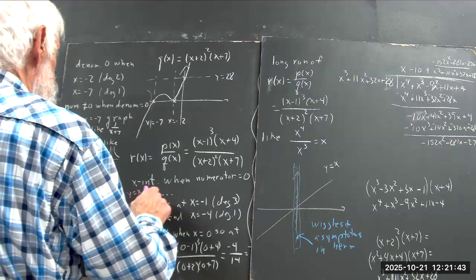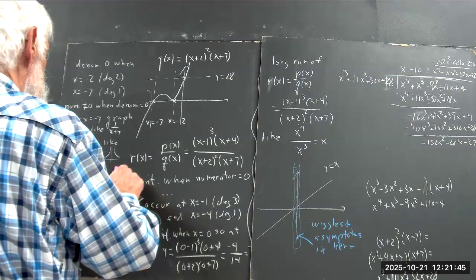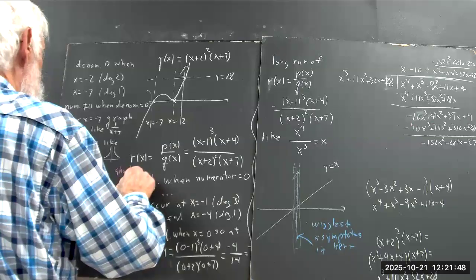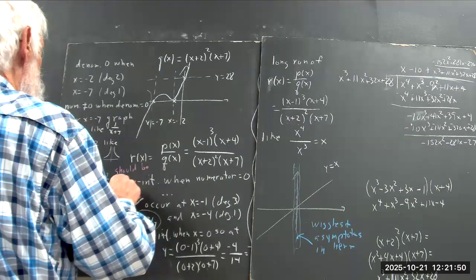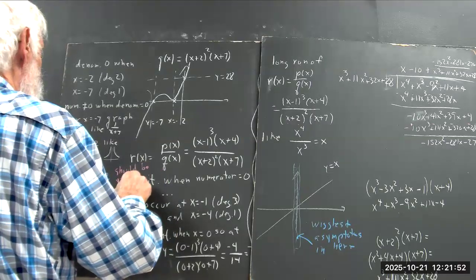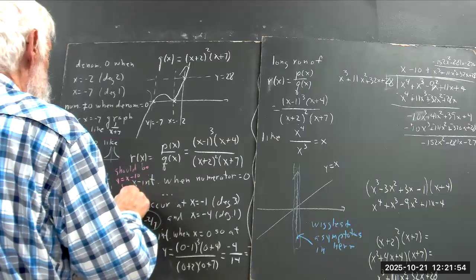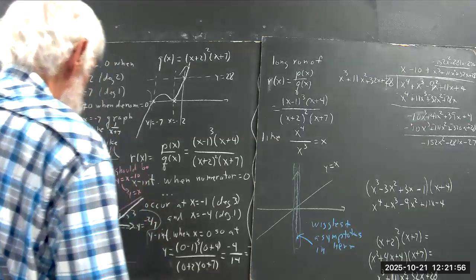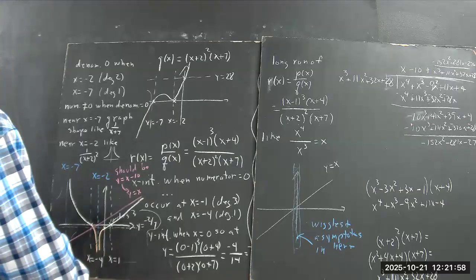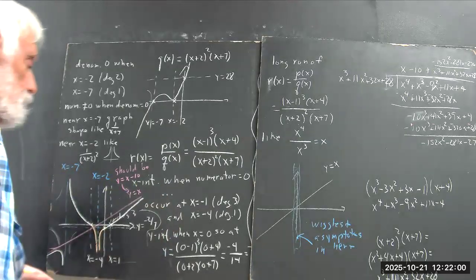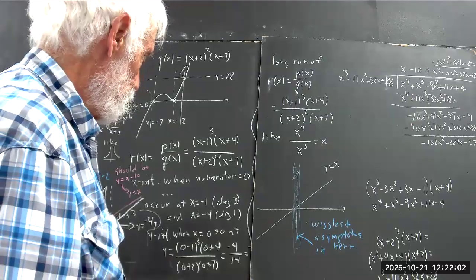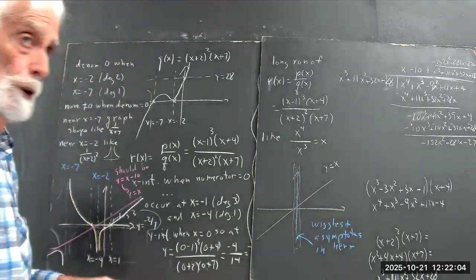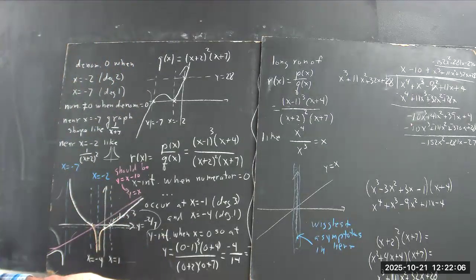So this should be y equals x minus 10. So that line should be lower, and that's going to change the shape of the curve a little bit. This is called a slant asymptote. You've seen that, I think. And that's what's going on with a slant asymptote.